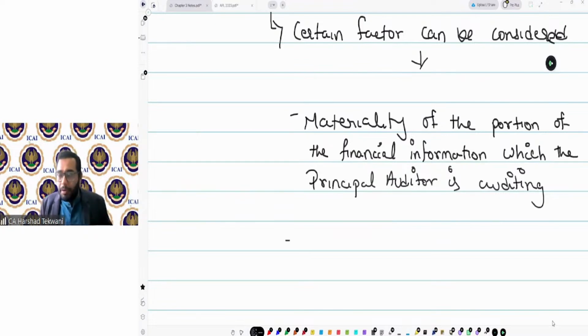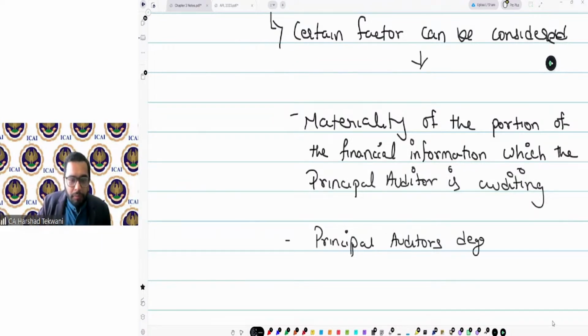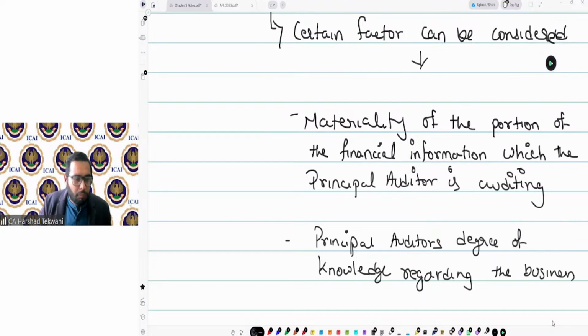Second, the principal auditor's degree of knowledge regarding the business of the component.